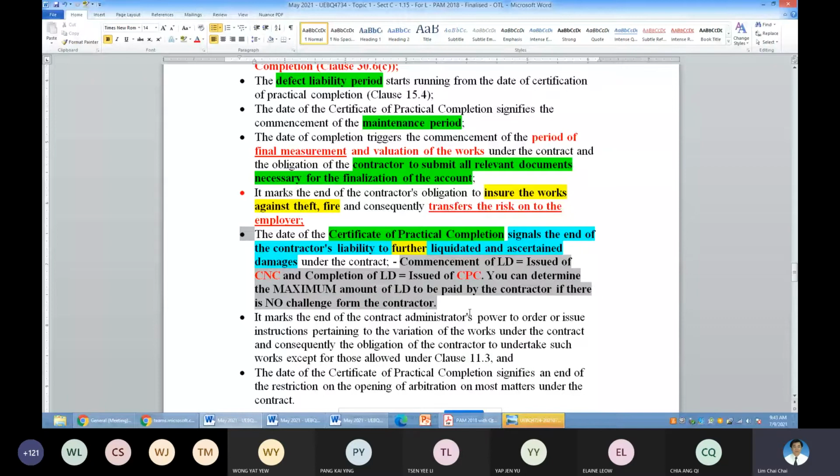So this part is only to tell you the starting point and the ending point. The commencement of LD is the issue of the CNC. If the CNC is issued immediately after the expiry of your construction period, then this will be the maximum.